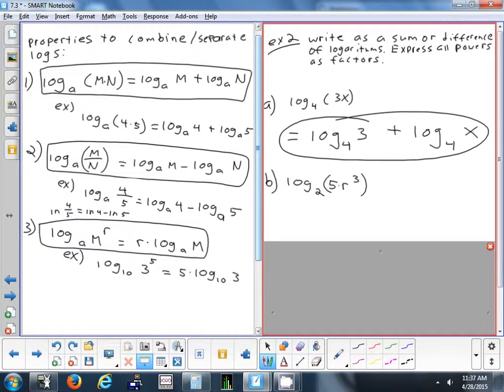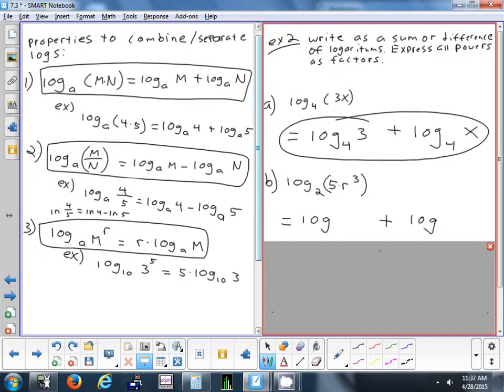Right, let's try this one. Example B. Log base 2 of 5 times r cubed. Now don't get confused if there's a power. Just look at what's in the parentheses. Are you multiplying things together or are you dividing things? You're multiplying. So this is going to be a sum. Log, log.